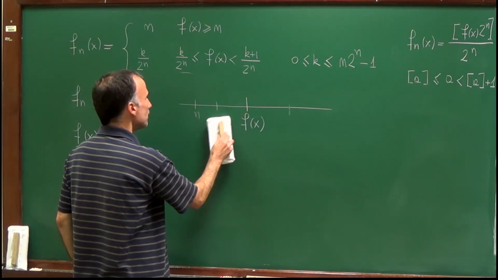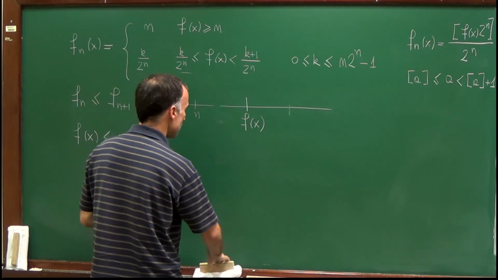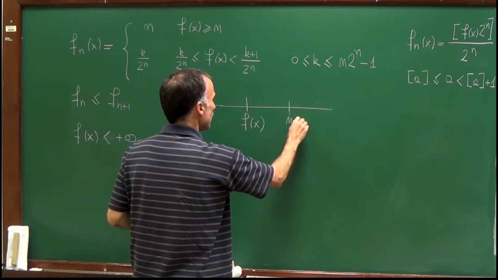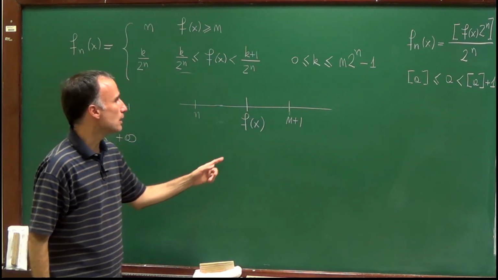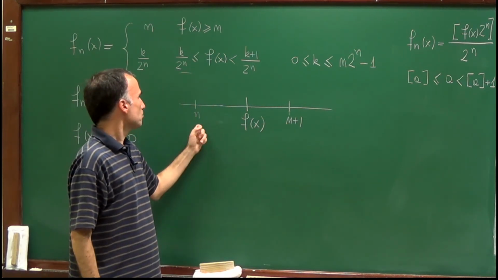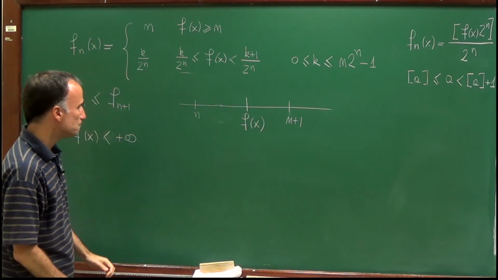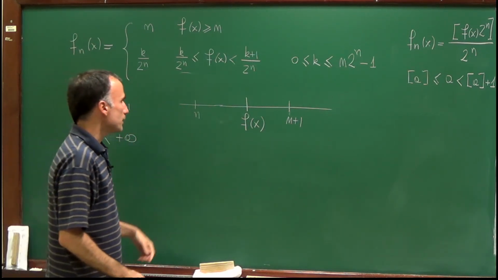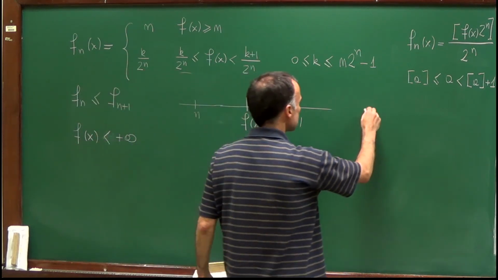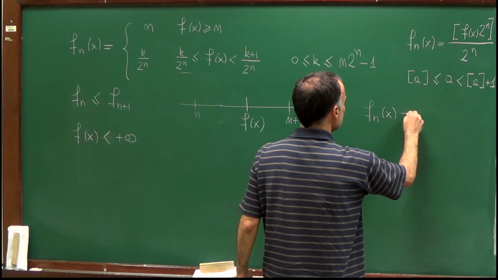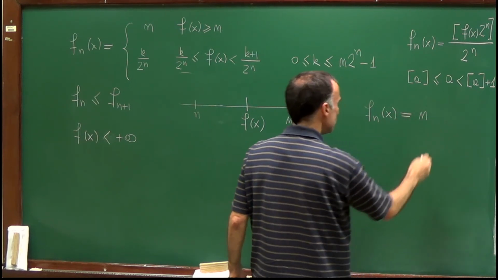Now, it might happen that f(x) is contained between n and n plus 1. Well, in this case, fn of x is equal to n.